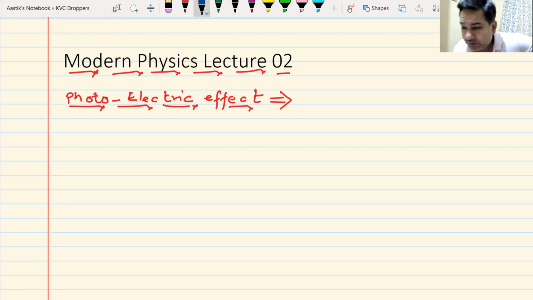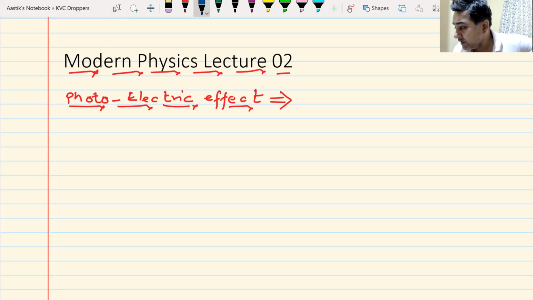We have seen what the photoelectric effect is: when light of sufficient energy falls on any surface, particularly some photosensitive metals or photosensitive substances, this light is nothing but photons. They have energy. This will be able to eject electrons. This phenomenon is known as the photoelectric effect. The electrons are known as photoelectrons, and the current is known as photoelectric current.